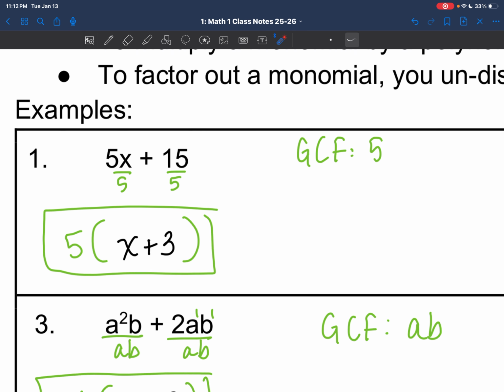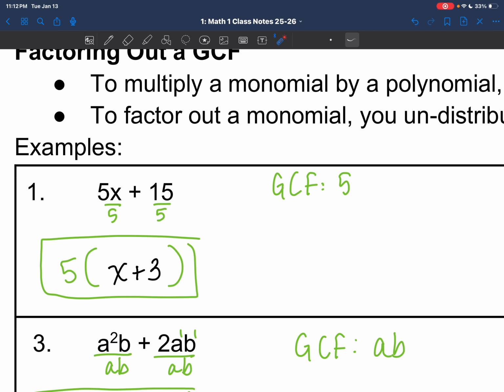So let's look at this first one. Now I'm looking at 5x plus 15. Their GCF is 5, so I'm going to divide each term by 5. Whatever you divide by is going outside the parentheses. When I divide 5x by 5, what's left over is x.